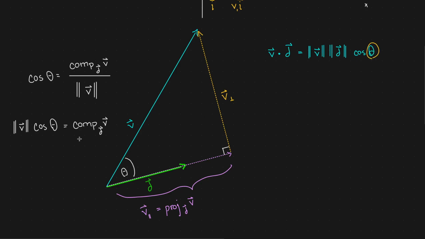And it's the same theta, right? Since the projection vector and d are pointing the same direction, it's the same angle between vector v and those vectors. So let's isolate cosine of theta by dividing by norm of v and norm of d on both sides.